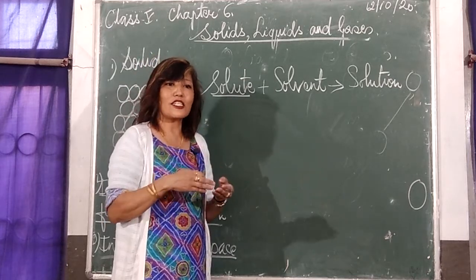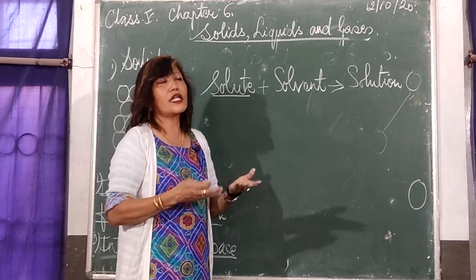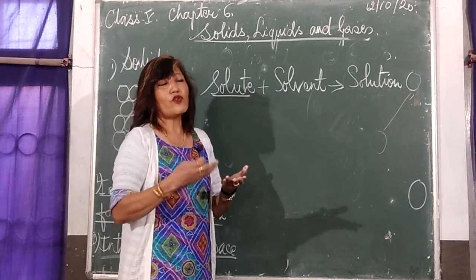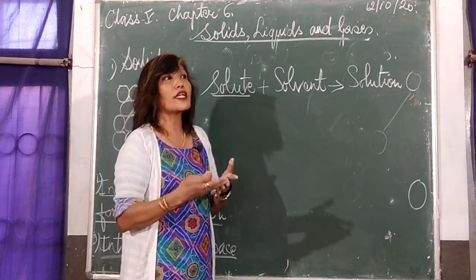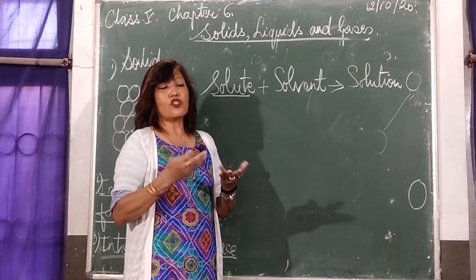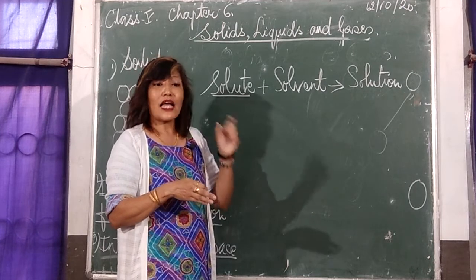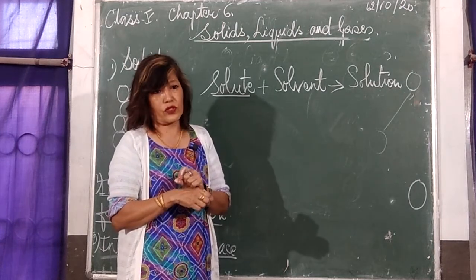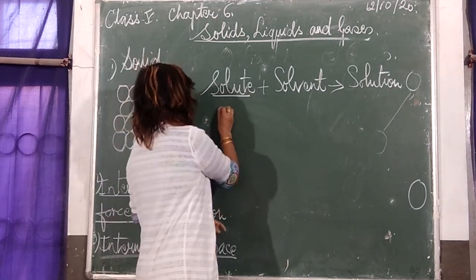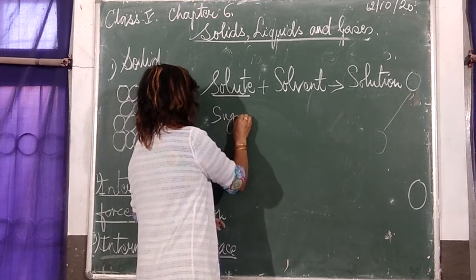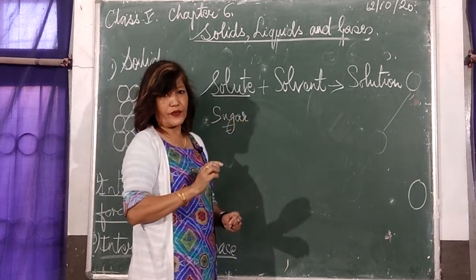It can easily get dissolved in water. Again, take the example of salt. When you add salt in the water, salt can easily get dissolved in water. So the substance which can get dissolved in another substance is called solute. Here, an example of solute is sugar. Sugar can easily get dissolved.